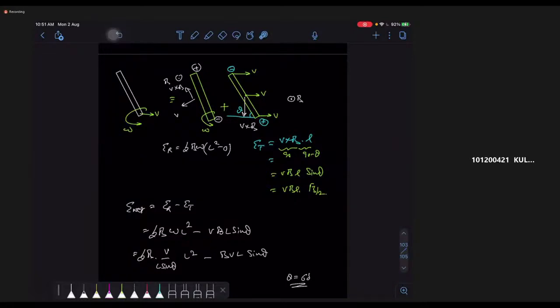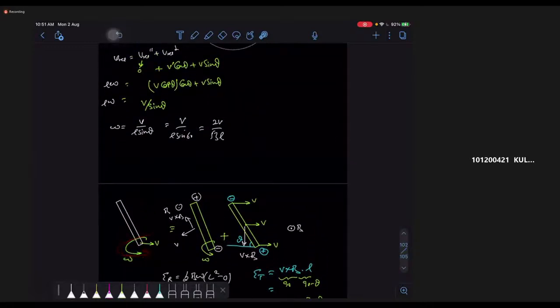But there is one slight problem. If you see the diagram given in the question, omega is given opposite to our omega. Omega in the diagram is opposite to our omega. But the omega we have taken comes out to be the correct sense.